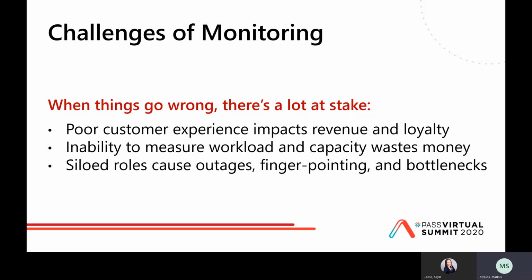The other aspect of this is not so much the actual technology, but what happens when things go south.